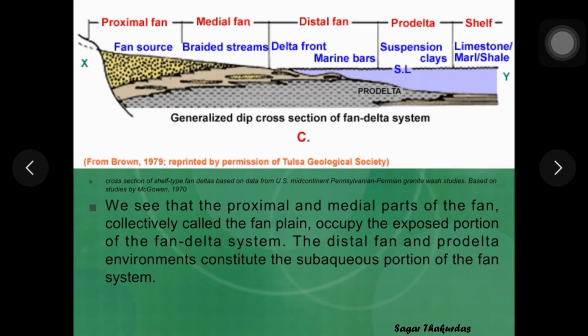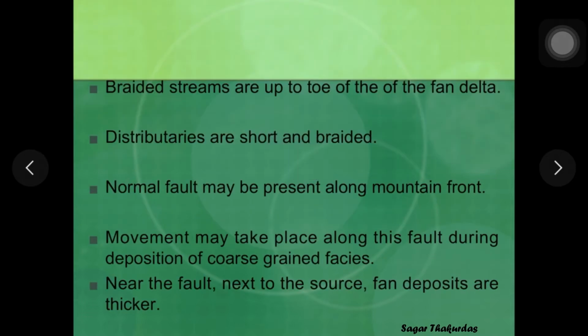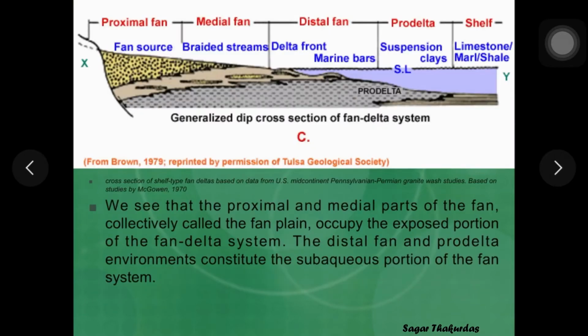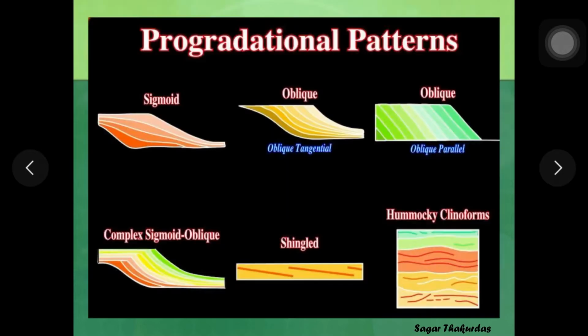So this proximal fan and medial fan together are called the fan plane, like delta plane. This fan plane is subaerial, it is exposed, whereas the portion which is beyond the distal fan remains subaqueous, under the sea surface.